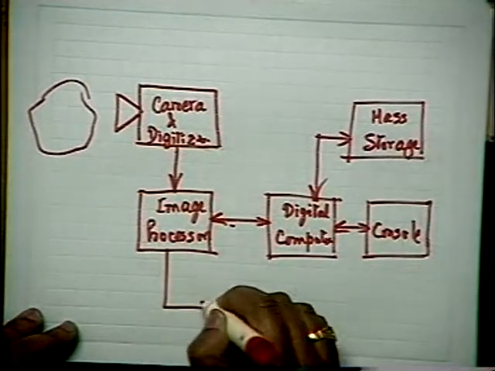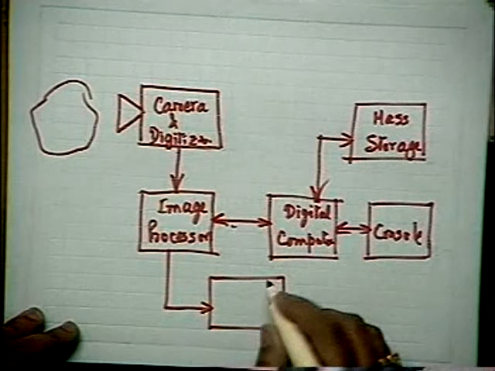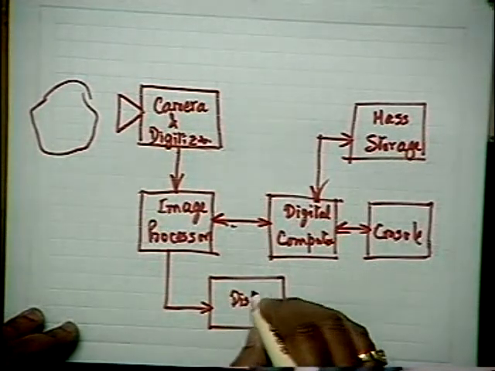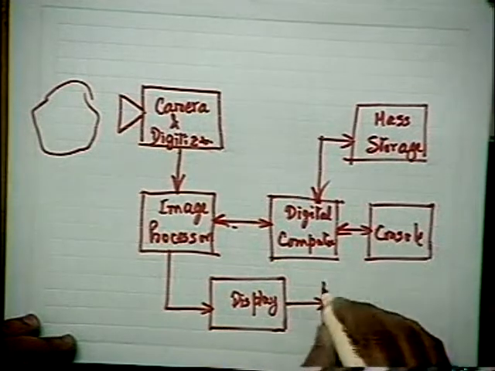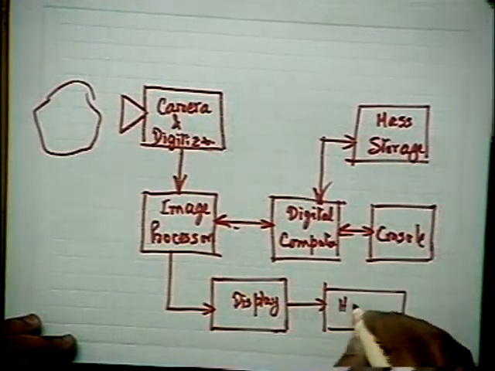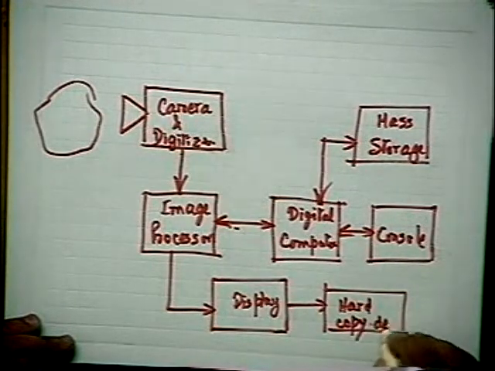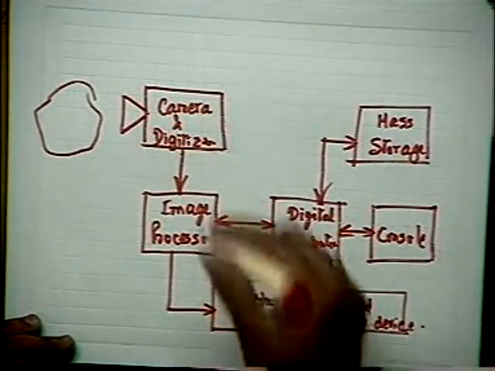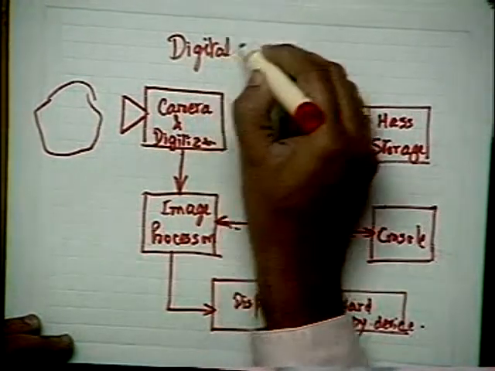And the image processor will give its output to a display. And if we like, we can attach some hard copy device also. So this is how a typical digital image processing system looks.